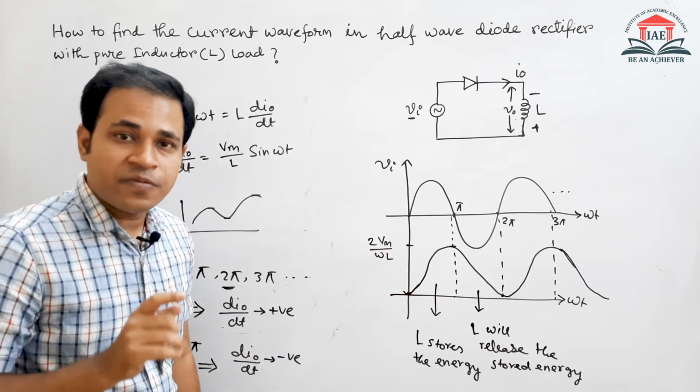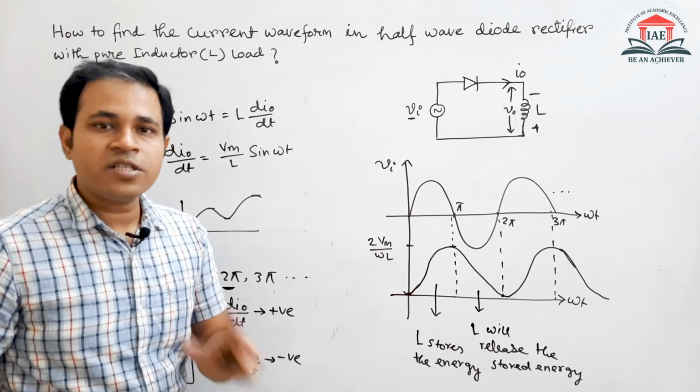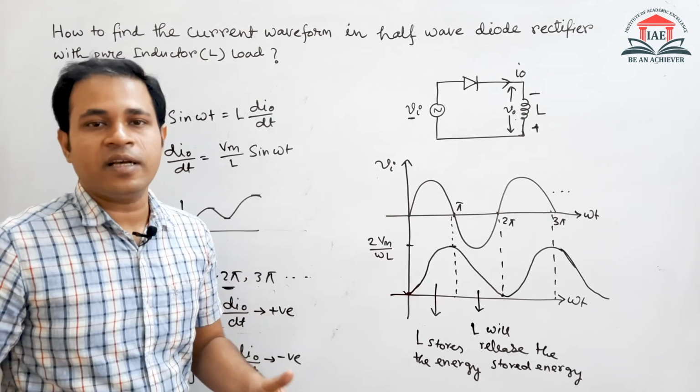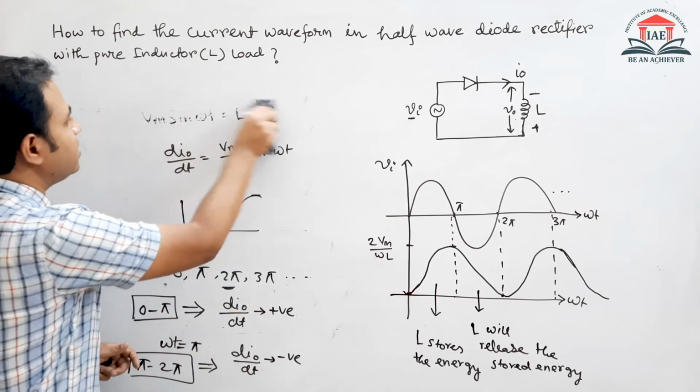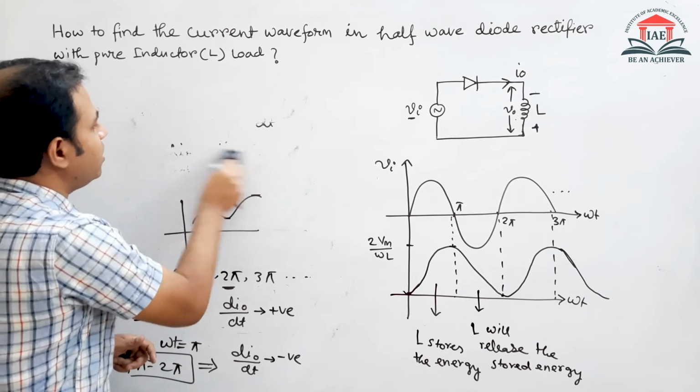And this statement is very, very important because based on this statement, you can solve many numericals easily. So let me write it, or you can note it down also.